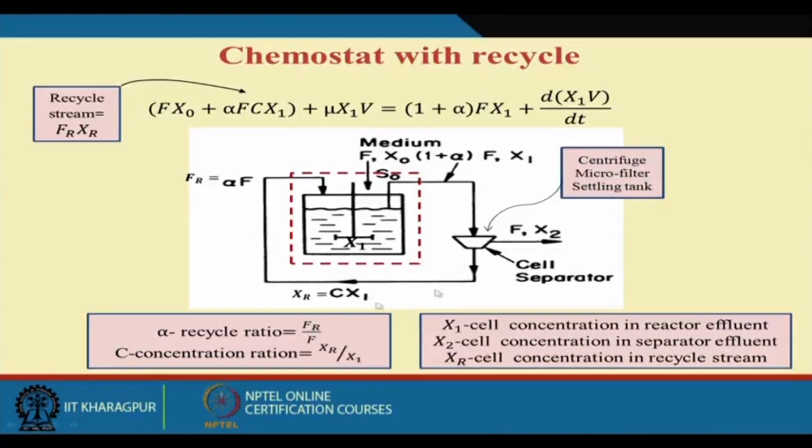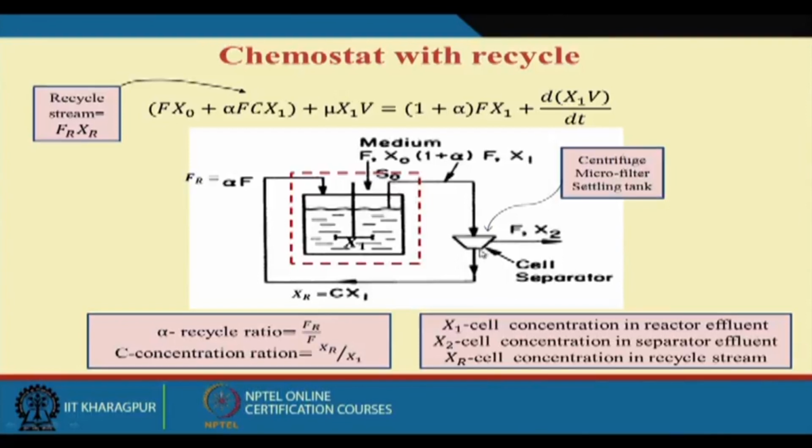If this is the recycle flow rate and the inflow rate is F, then the recycle flow rate divided by F is considered the recycle ratio alpha, and XR is the settled cell mass concentration. This is the cell separator.